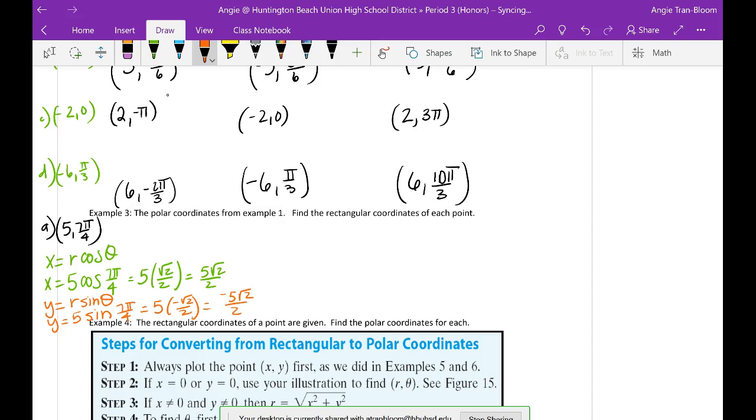So I need an ordered pair for rectangular. What's your final answer? Beautiful. Good job. So that's your rectangular. I'm going to wait so you can copy it down.